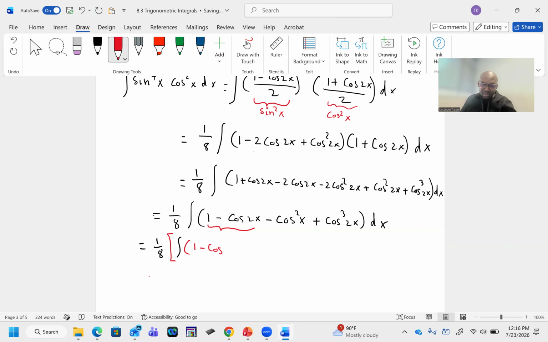So 1 minus cosine of 2x dx, because that can be found easily, minus the integral of cosine squared 2x dx plus the integral of cosine cubed 2x dx, right? So these two can be found easily, and you can see we can use half angle formula on this one.